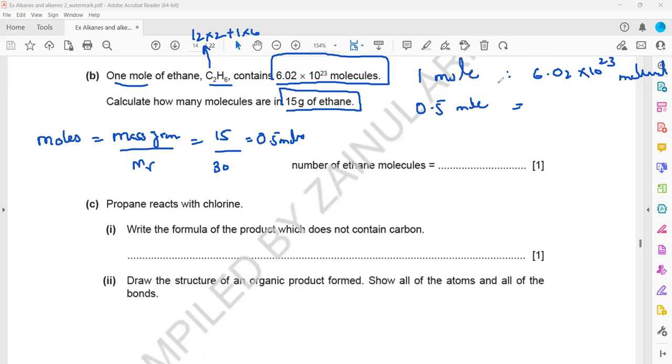If we have 1 mole, it contains this; if we have 0.5 moles, then it will be X. Cross multiply: 3.01 multiplied by 10 to the power of 23 molecules. So first we got the moles, and you compare that 1 mole contains this many particles. If you have half a mole, then it will be half of the total particles. Is it clear? Anyone having a doubt or a question on this point? Yes, sir. Clear.